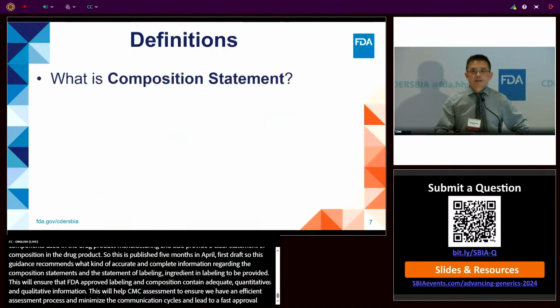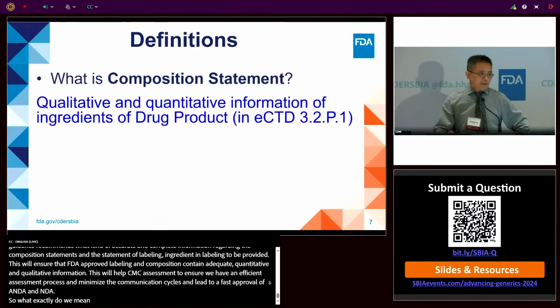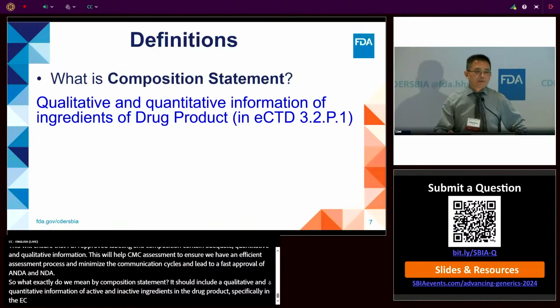So what exactly do we mean by composition statement? It should include the qualitative and quantitative information of active and inactive ingredients of a drug product, specifically in the eCTD submission in module 3, section P1.